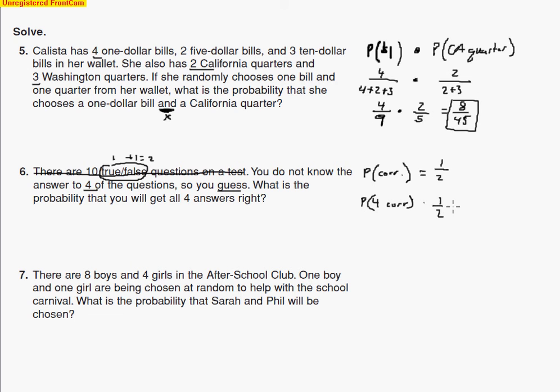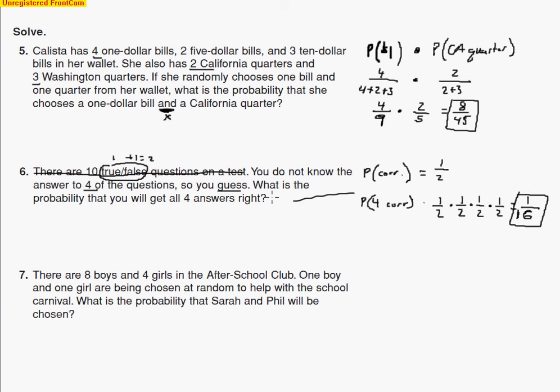Probability of another one being correct is another 1 out of 2. Probability of another one being correct is another 1 out of 2. And the probability of the last one being correct is another 1 out of 2. And you just multiply all of these together. And so we end up with 1, 2, 3, 4 ones being multiplied just gives us 1. 2, 4, 6, 8 is what we get if I add them. If I'm multiplying, I have 2 times 2 times 2 times 2 gives me 16. And so there it is, 1 out of 16 chances of getting them all correct.